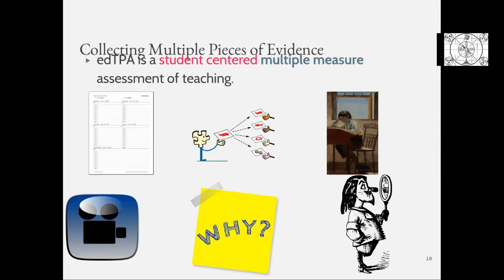The definition also calls attention to the fact that this assessment is composed of multiple measures of edTPA tasks that require candidates to submit a variety of artifacts and evidence that, taken together, create a well-rounded representation of their teaching. We will spend time later in this presentation discussing the various components and tasks, but this slide gives you a quick overview of the types of information captured in a completed edTPA.